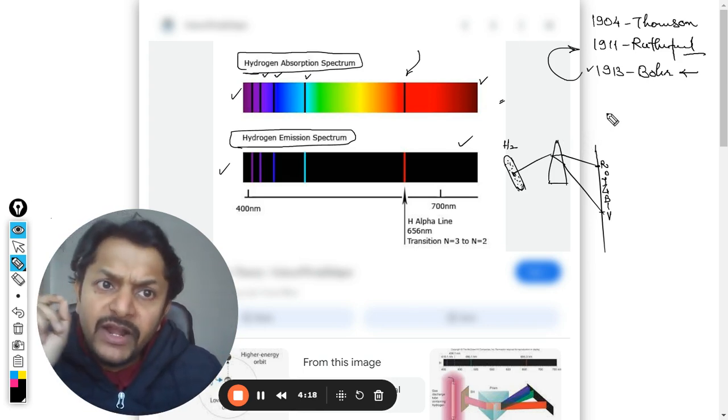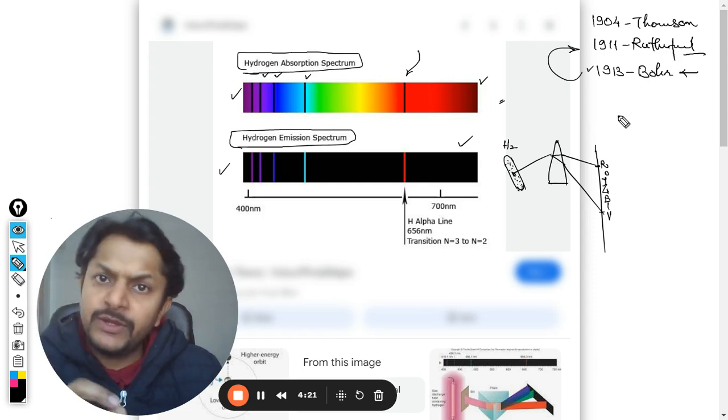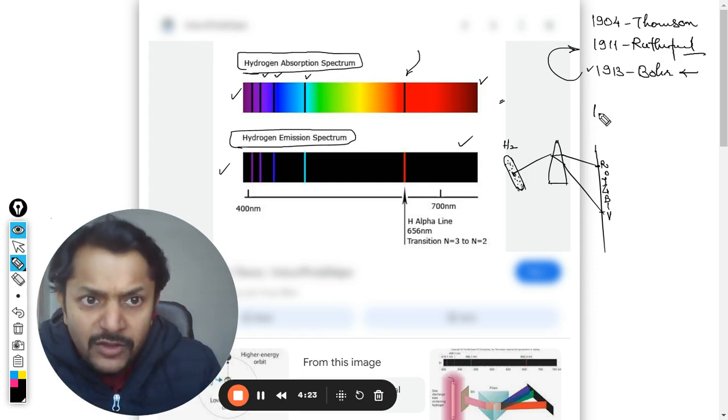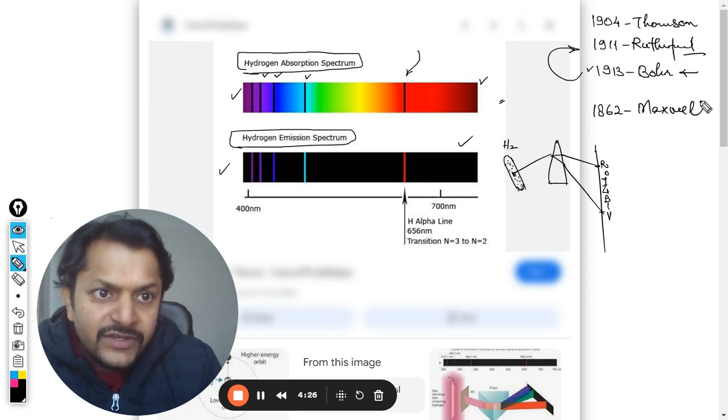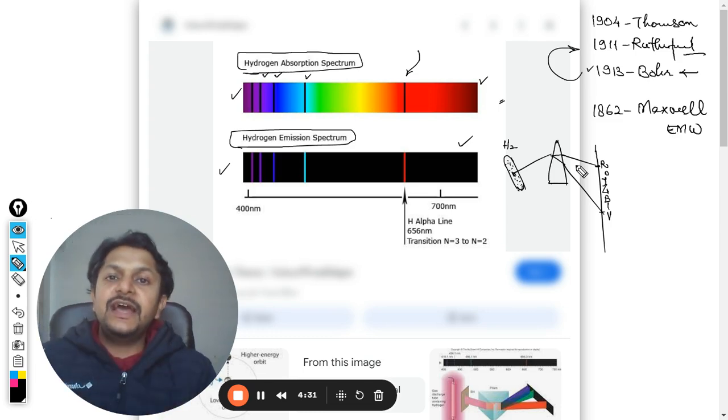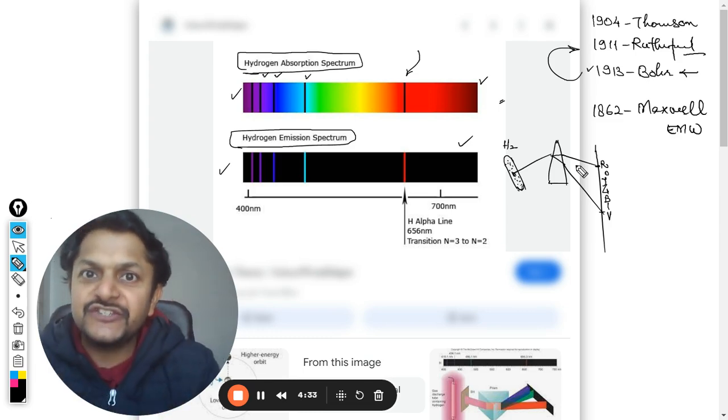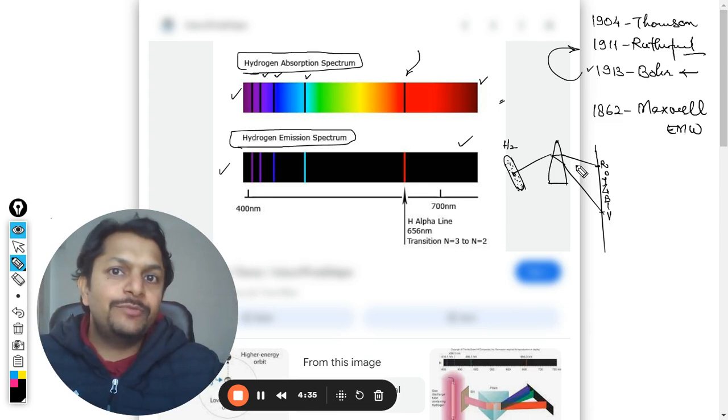Another very big question that was not answered by Rutherford was this: in 1862, Maxwell gave a theory about electromagnetic waves, and he says that accelerated charges emit electromagnetic waves.